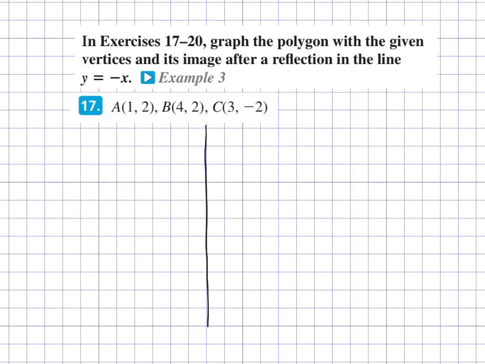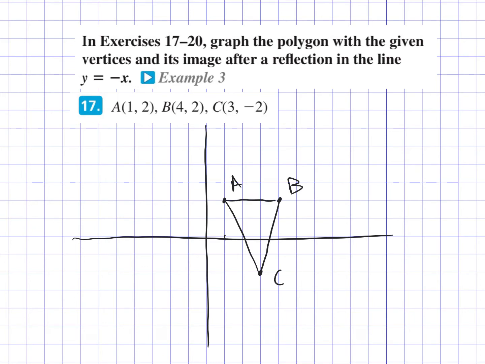We're going to take this triangle at (1, 2), (4, 2), and (3, -2). So here's our triangle. And now let's reflect it across y equals -x.